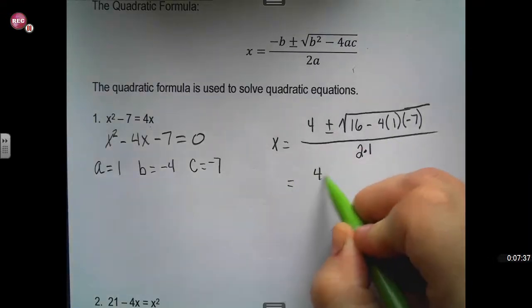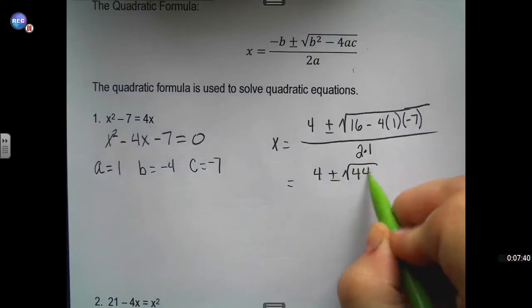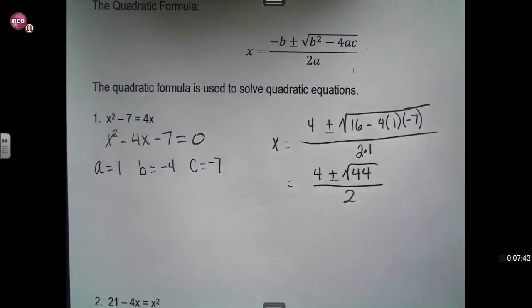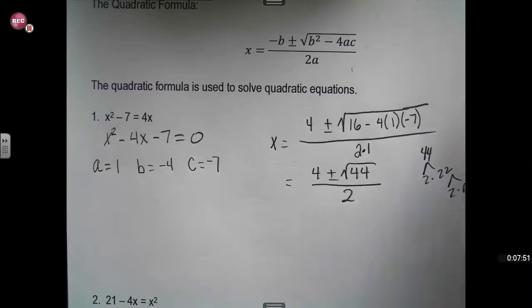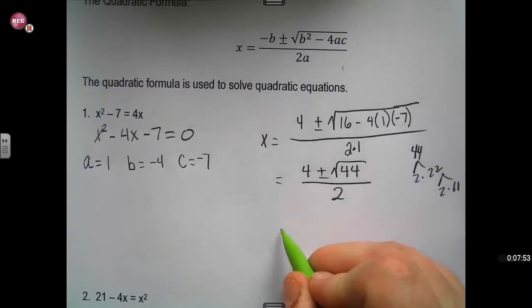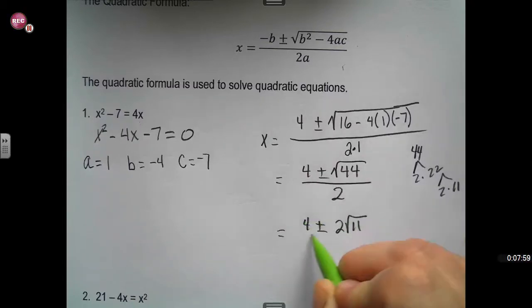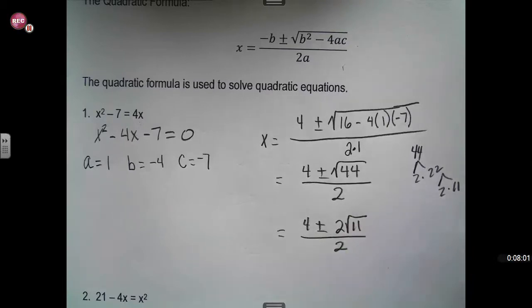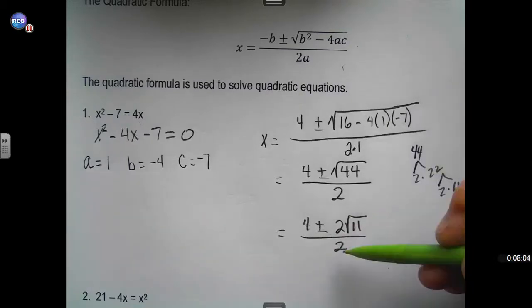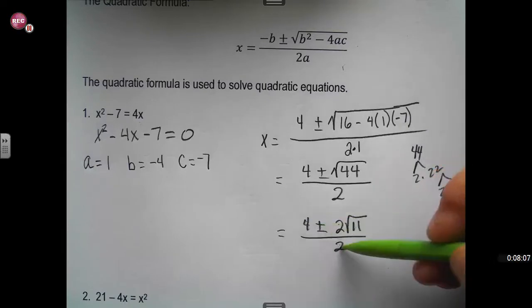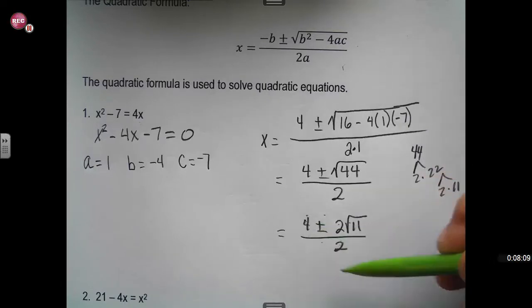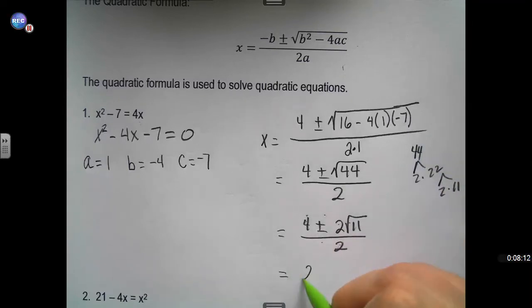We get 4 plus or minus the square root of 44 all over 2. And then I think I can simplify 44: 2 times 22, and that's 2 times 11. So I can simplify that to 4 plus or minus 2 square root 11 all over 2. And now, because there's a 2 in all three places, I can reduce everything by 2 and get 2 plus or minus the square root of 11.